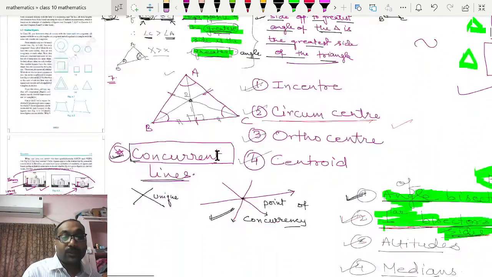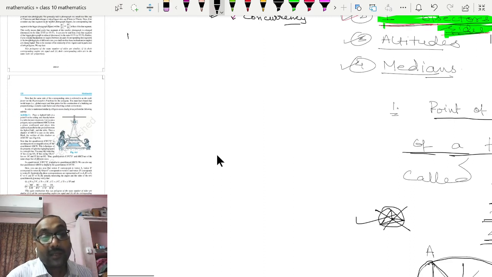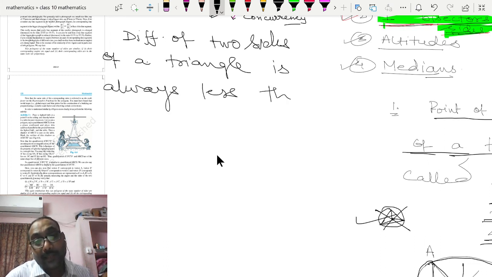One more important point of the triangle: the difference of two sides of a triangle is always less than the third side.